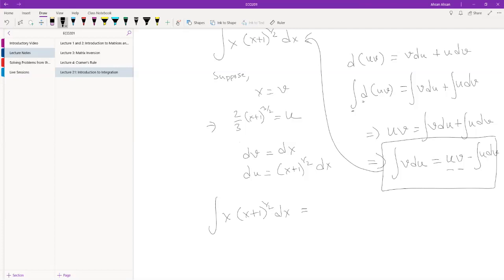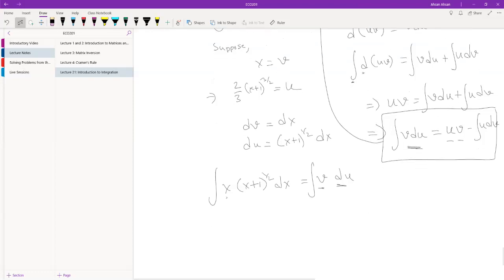So x is v, and (x plus 1) to the power half dx is du. We're trying to integrate v du. This is equal to what? uv minus integration of u dv.